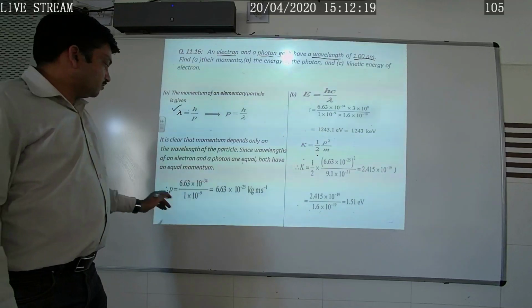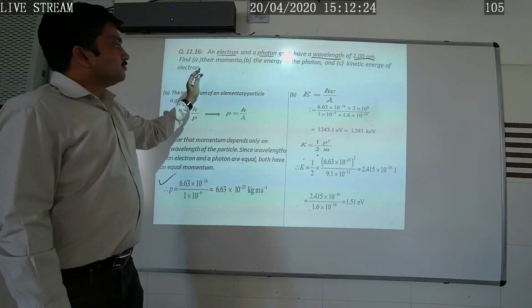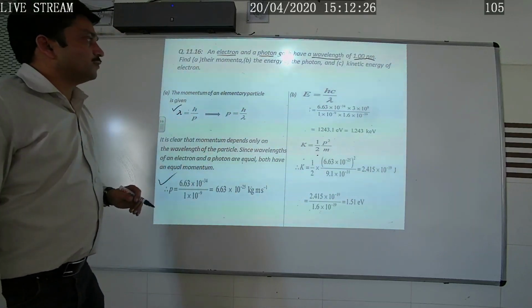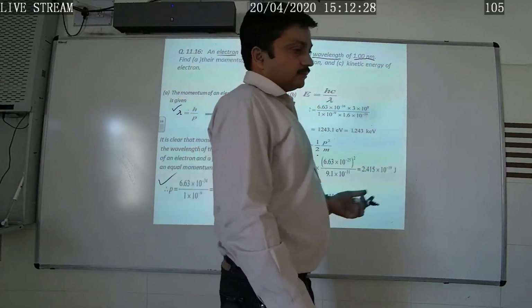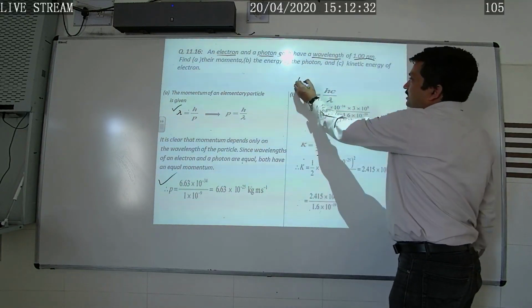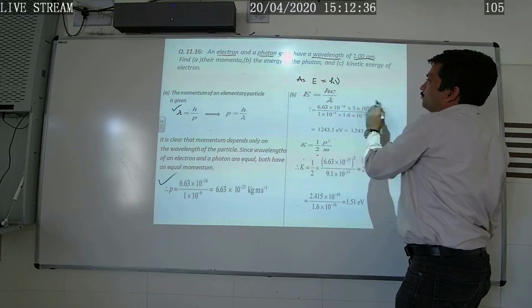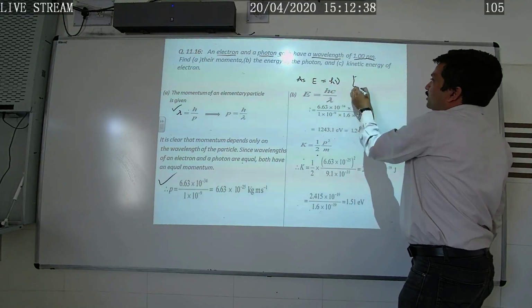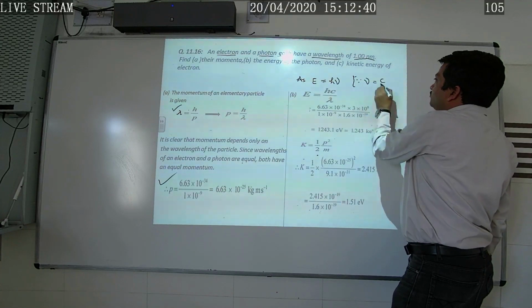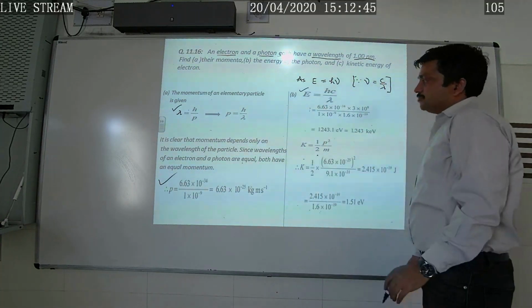Simply putting in the values, we get the answer. Further, we want to calculate the energy of the photon. The energy associated with the photon is given by E equals h nu, where the frequency nu is c by lambda. Putting in the values, we get E equals hc by lambda.